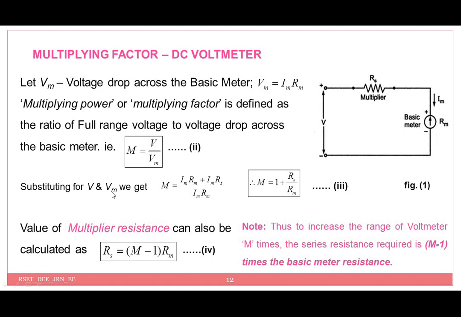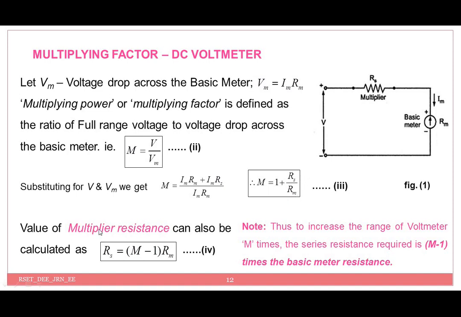Now substituting for V and Vm: you have already seen, applying KVL, V as ImRm plus ImRs, and Vm as ImRm. Now on simplification you will get an alternate expression for M as 1 plus Rs divided by Rm, provided these two values are known to you. M is equal to 1 plus Rs divided by Rm.